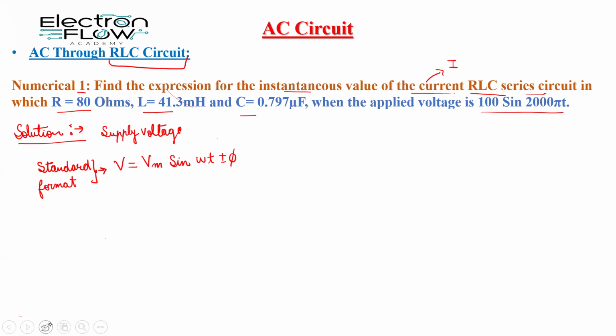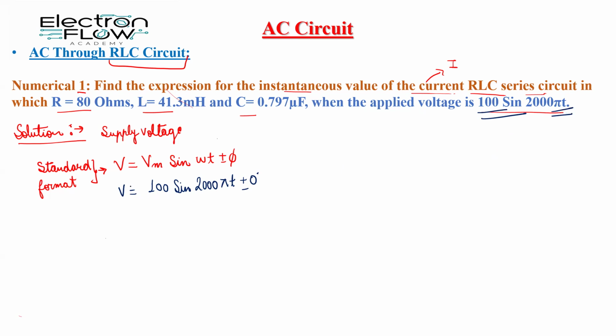Here the voltage given to us is 100 sine 2000 pi t, plus minus 0 degree. The angle is not given to us, so we are assuming the angle is 0 degree.